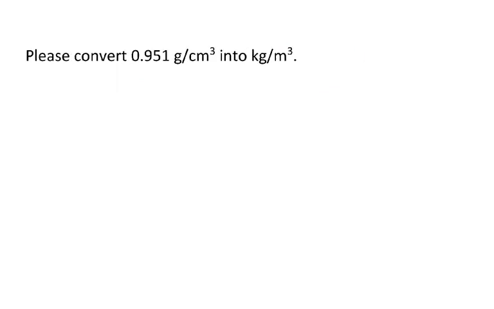Now, we'll try a problem that has units with a numerator and a denominator. These are units of density. This problem asks us to convert 0.951 grams per centimeter cubed into kilograms per meter cubed. As always, we start by writing the measurement 0.951 grams per centimeter cubed on the far left. Then, we multiply by a conversion factor.